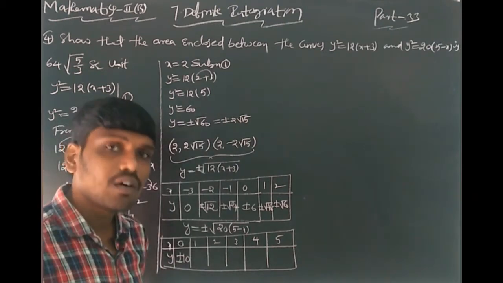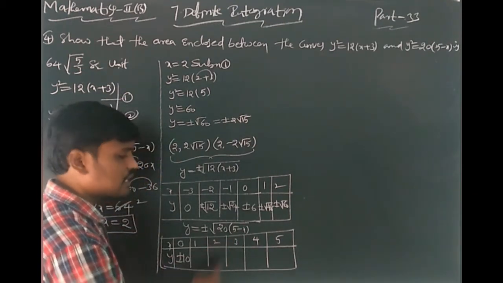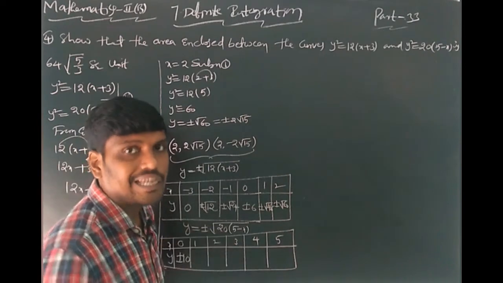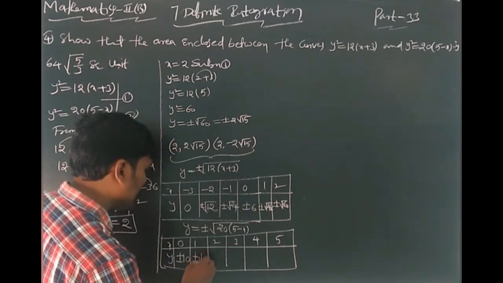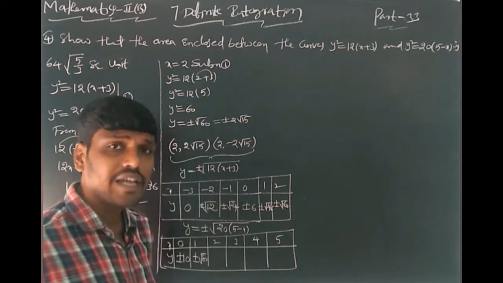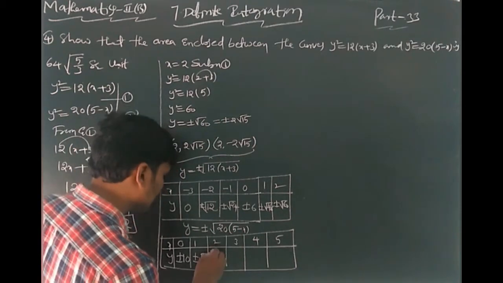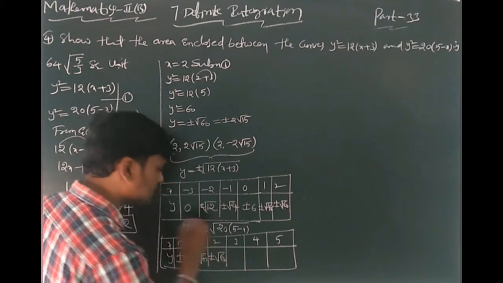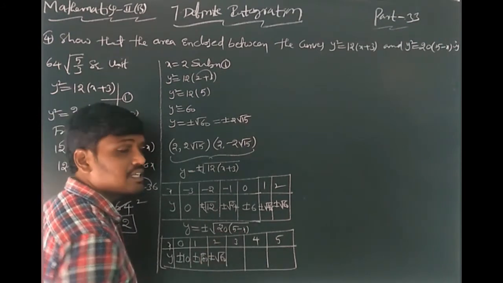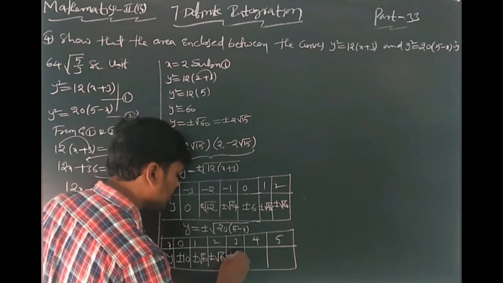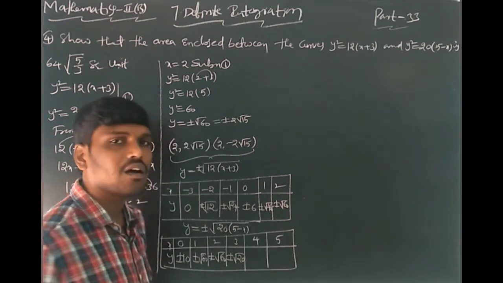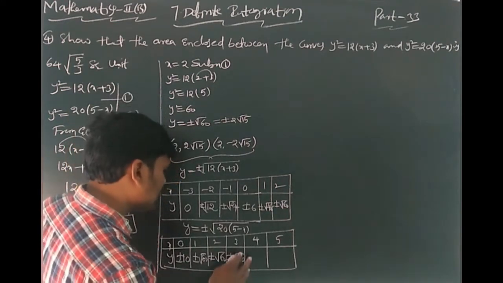If x is 1, 5 minus 1 is 4, 20 into 4 is square root of 80. For 2, 5 minus 2 is 3, plus or minus square root of 60. For 3, 5 minus 3 is 2, plus or minus square root of 40.